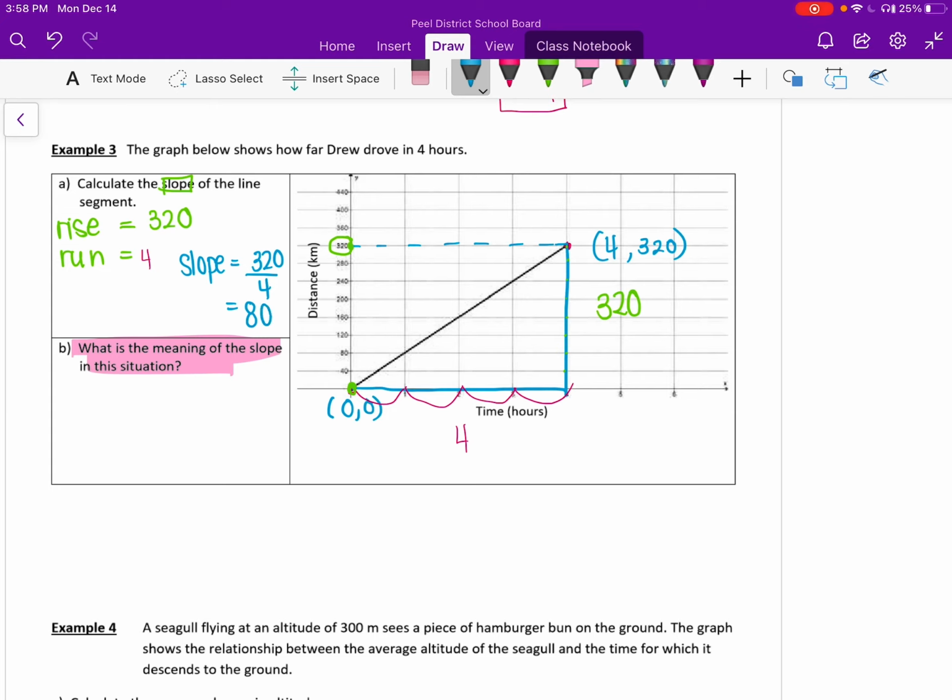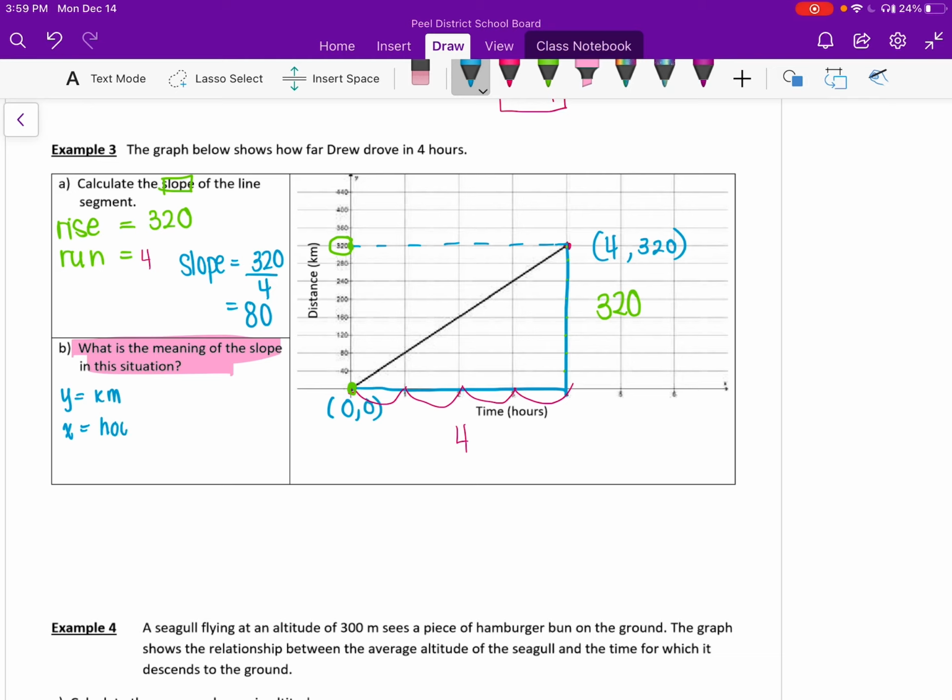Now that I know what my slope is, right? My next thing that I'm trying to figure out is, yeah, I know what the slope is, I know what the steepness is, but what does that actually mean? So what's the meaning of slope in this situation? So how I always like to write this is I like to look at the units. So what are the units of the y-axis? km. What are the units of the x-axis?